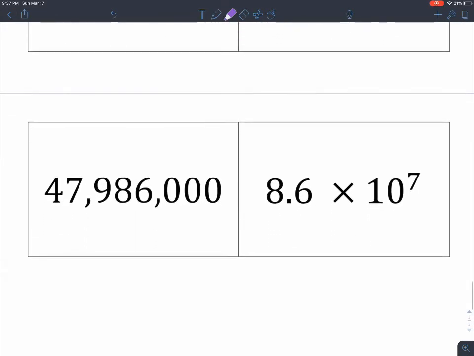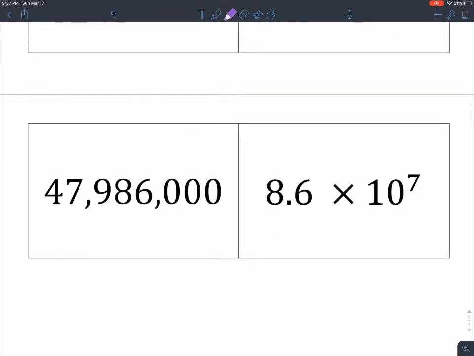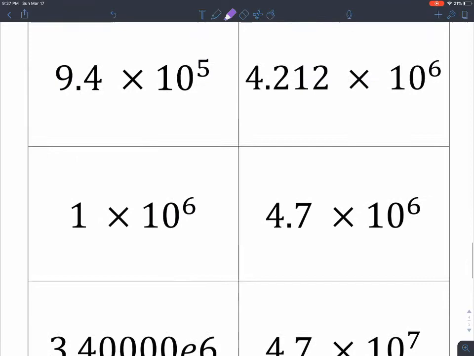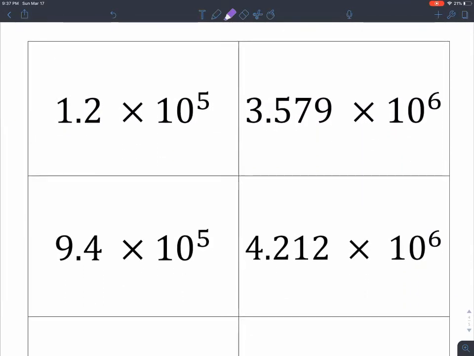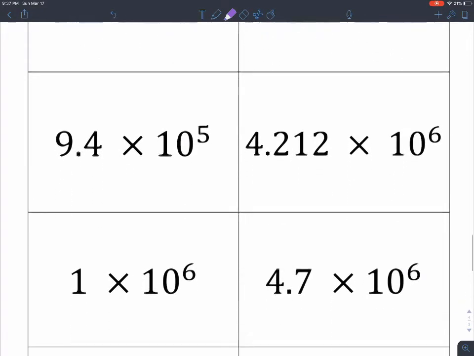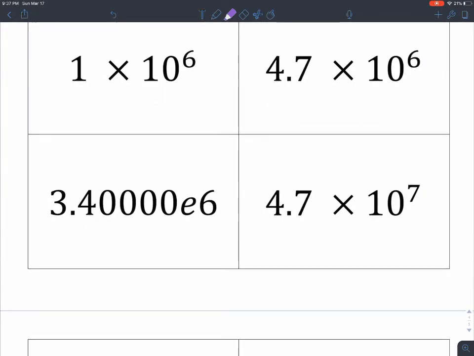And the last 2. So you're going to take these cards and you are going to transfer them if it's in scientific notation regularly, or if it has this E. So this E here just means scientific notation.